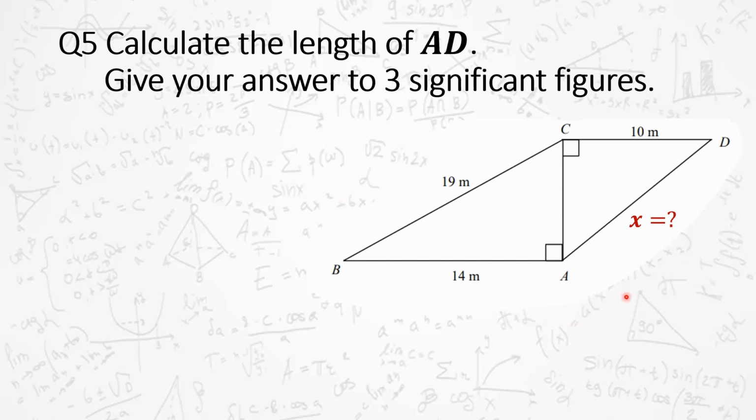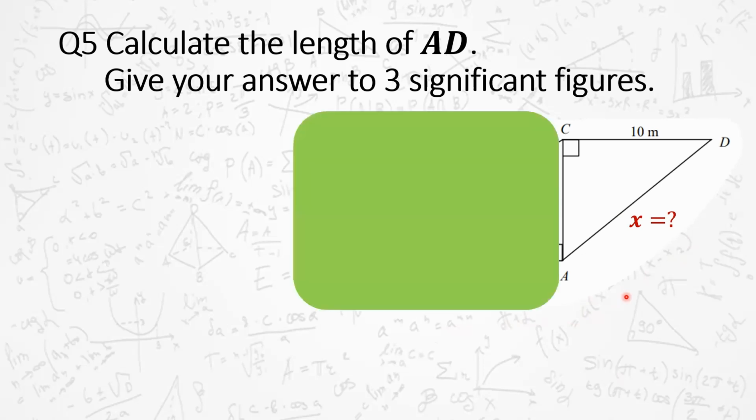reduce your problems. So I know it looks like there are 2 right angle triangles. Let's check. Okay. So in order to work out my length AD, I would need to know the other 2 sides, one of which is given, which is 10 meters. The other, I'm not sure.